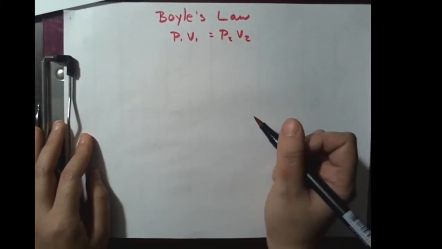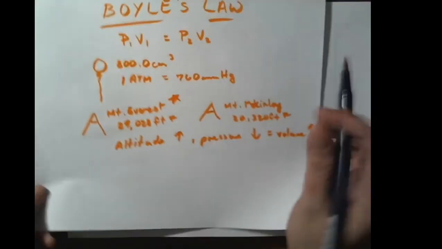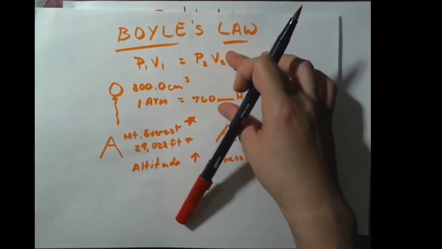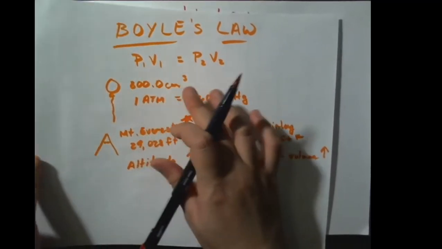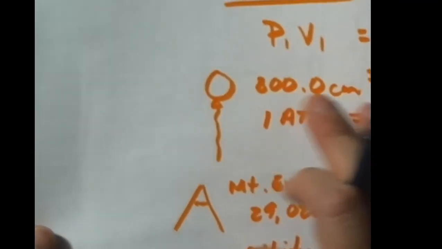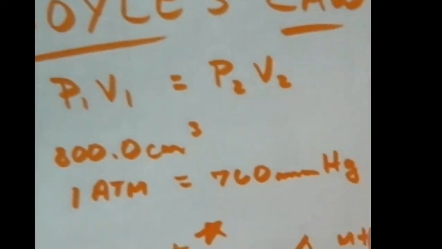Alright, so again, from the very first part of our breakdown here, we know that the balloon was initially at 800 centimeters cubed and 1 atm, which is 760 millimeters of mercury.